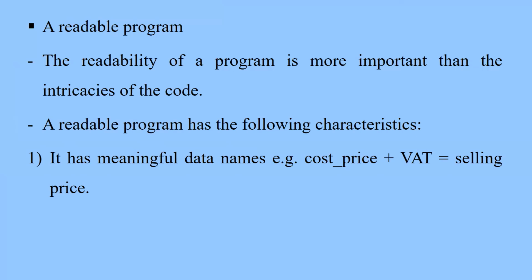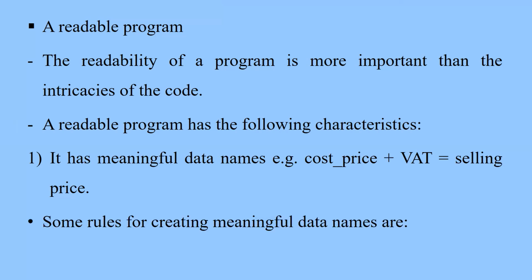Number one, it should have meaningful names. Use names that once one looks at them, he or she can tell what they are all about. For example, cost_price, VAT, selling_price. Some rules for creating meaningful data names.